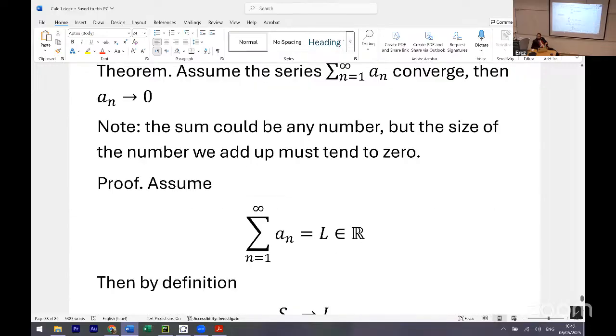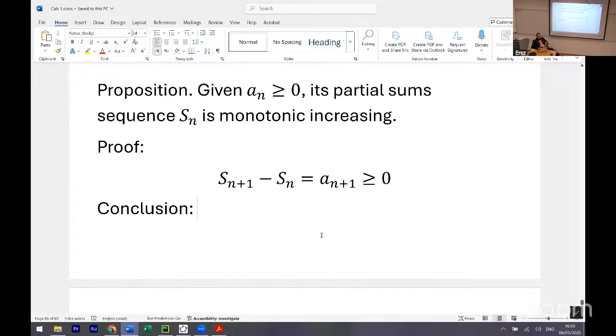So what is the theorem we learn about monotonic sequences?